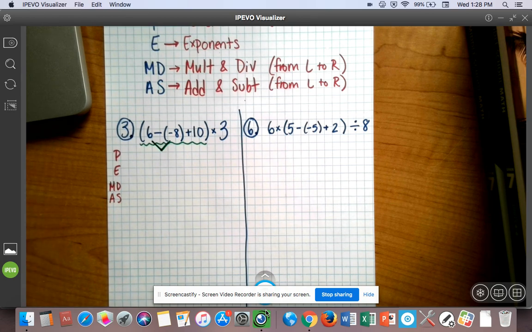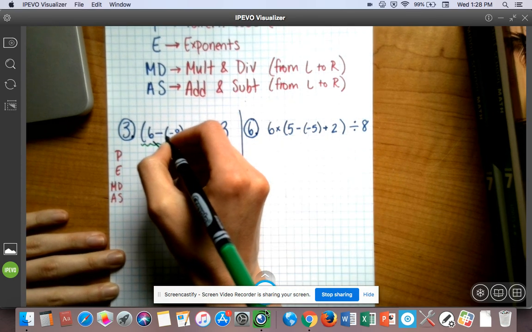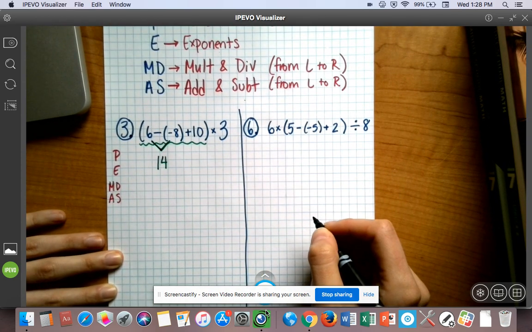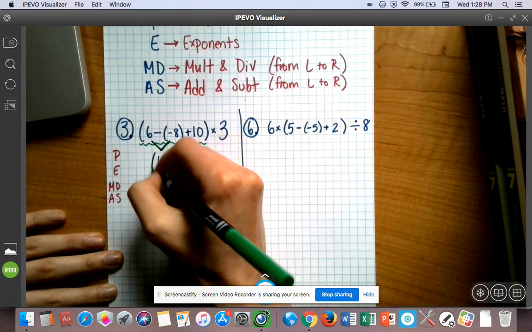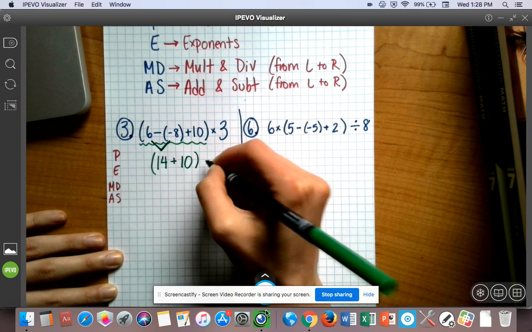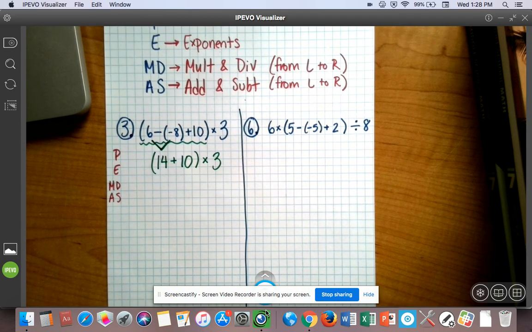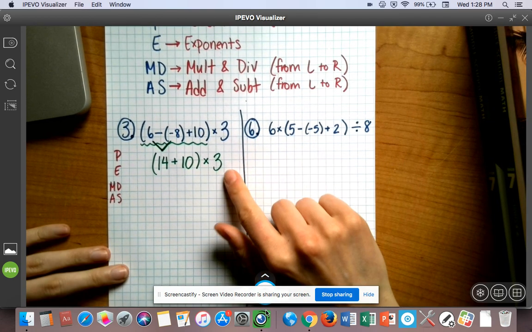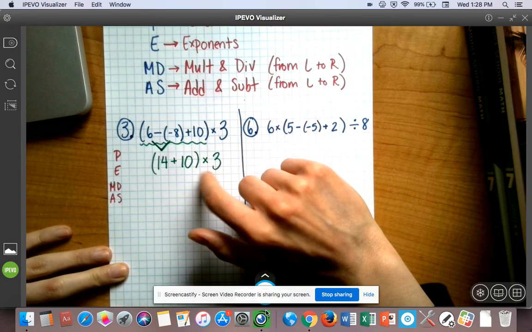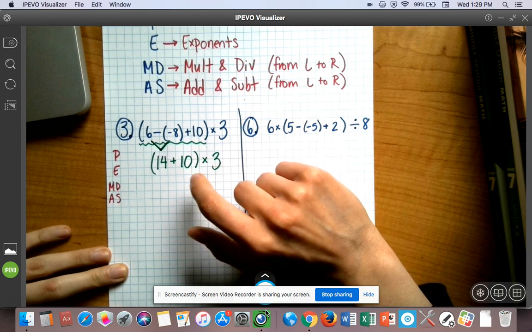So 6 minus -8 is the same thing as 6 plus 8, which is 14. And I'm going to copy everything else: plus 10, and multiplying by 3. Notice, as I'm showing my work, I'm copying down all this stuff I haven't even touched yet, because it's still important and I still need to do it.